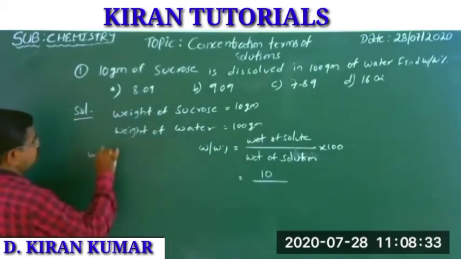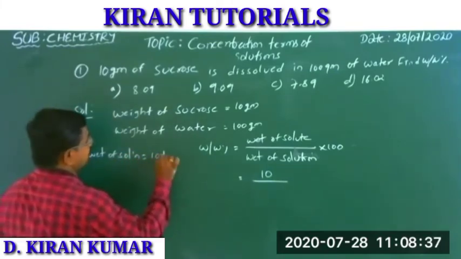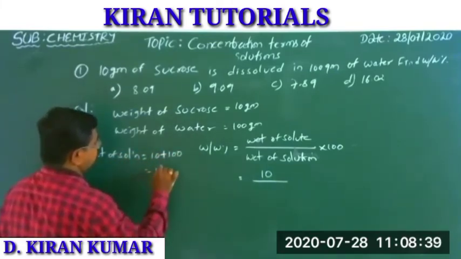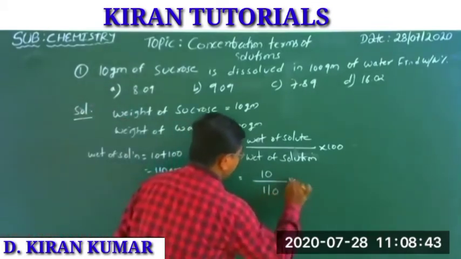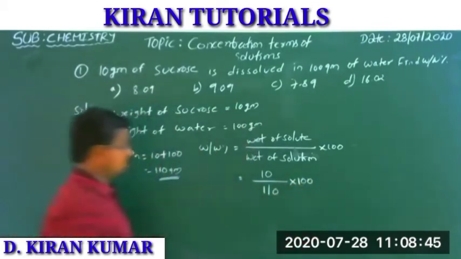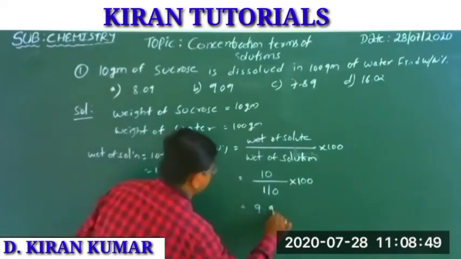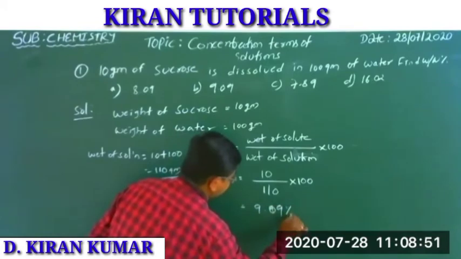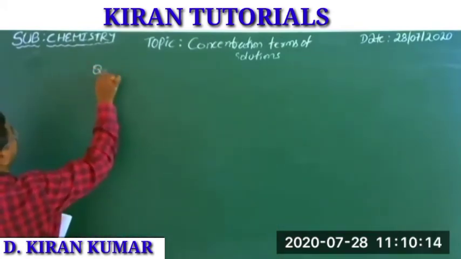So the weight of solution is equal to 10 plus 100, that is equal to 110 grams. So 10 by 110 into 100. What is the answer? 9.09%. So option B is right. Okay.